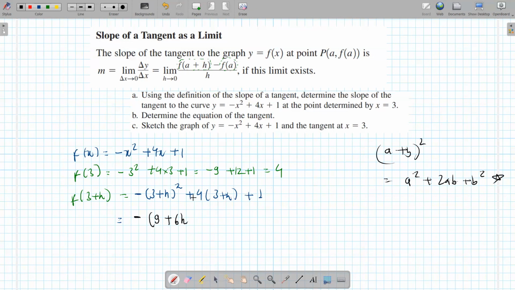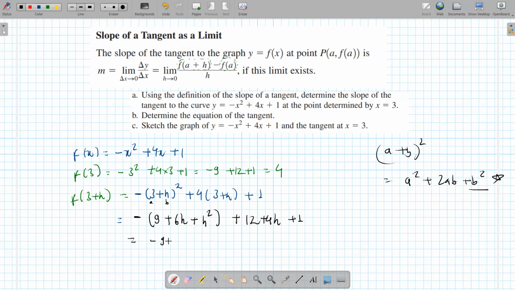Well, b is just h, right? So we did a squared, 9, 2ab, so 2 times 3 times h, 6h. And then the last term is simply b squared, so it'll be h squared. And then plus 4 times 3 is a 12. 4 times h is 4h. And then finally we have 1. Now let's open this.